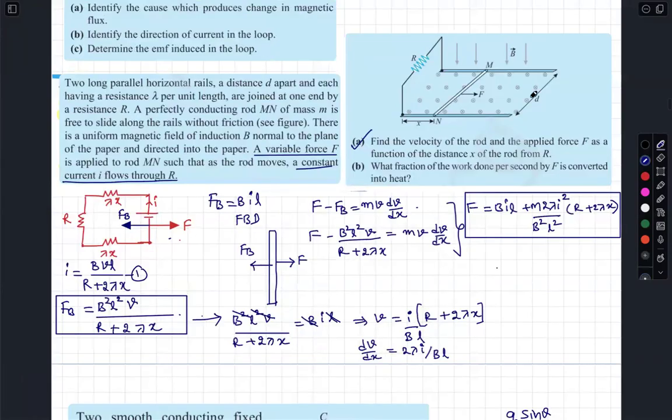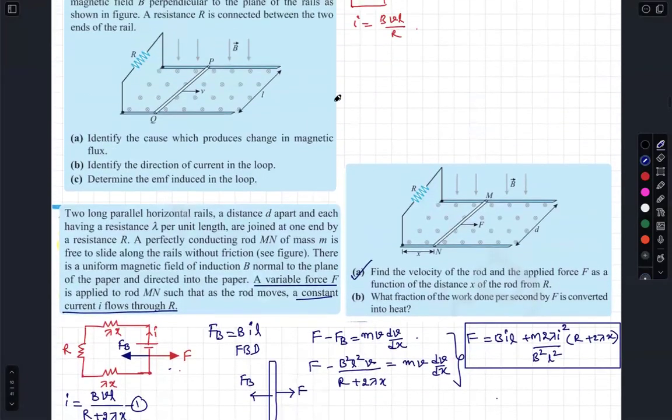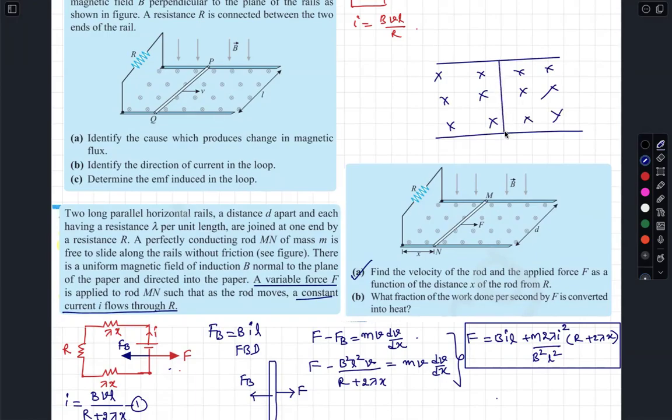Here they have given, you see from the top end. You are seeing it from the top view. You have inward magnetic field. Right?